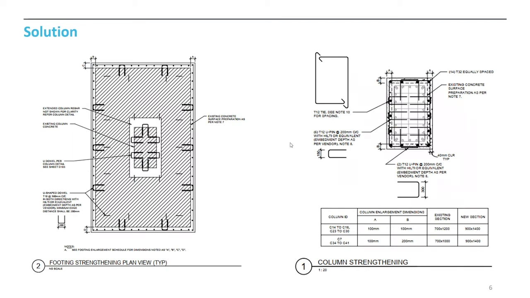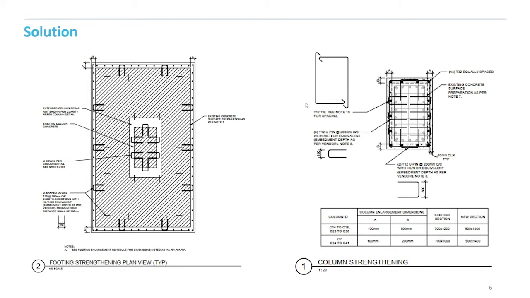The extra reinforcement was added to the existing column using U dowels, with the dowel size and spacing around the vertical line. We used the ACI code to get those values, since there is no equivalent code available in India.